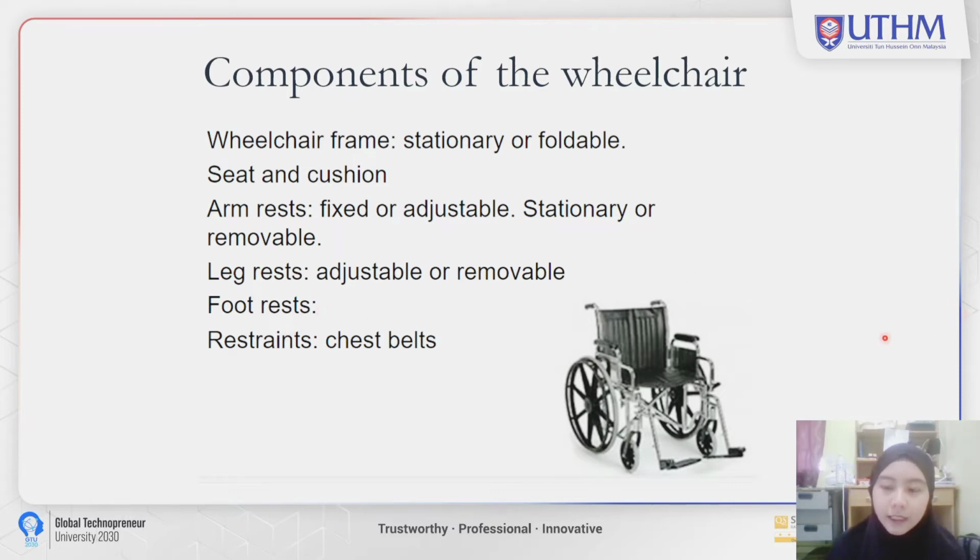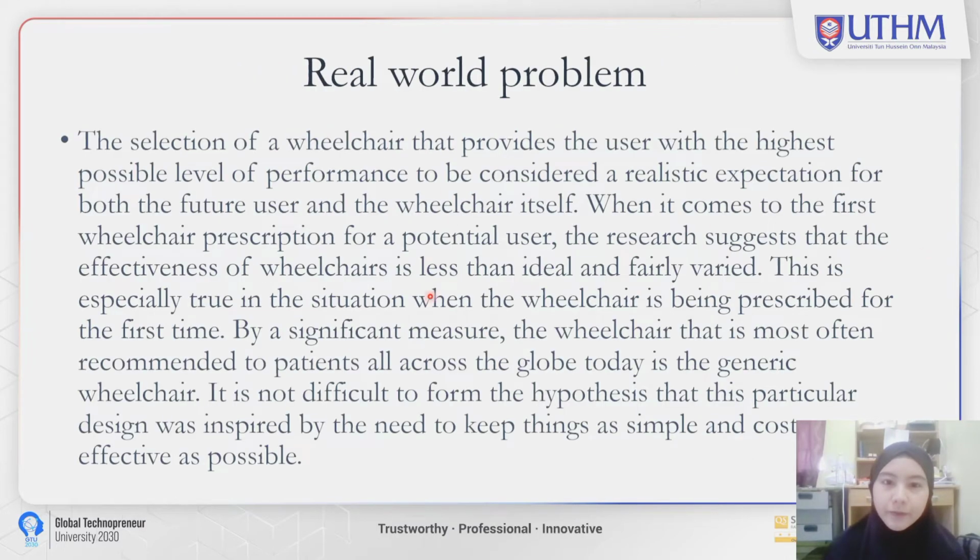So our group will do the analysis on the wheelchair frame. So in the real world problem, the selection of a wheelchair that provides the user with the highest possible level of performance is to be considered a realistic expectation for both the future user and the wheelchair itself. When it comes to the first wheelchair prescription for a potential user, the research suggests that the effectiveness of wheelchairs is less than ideal and fairly varied.